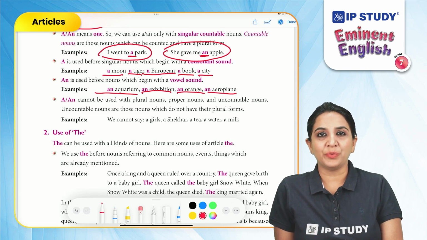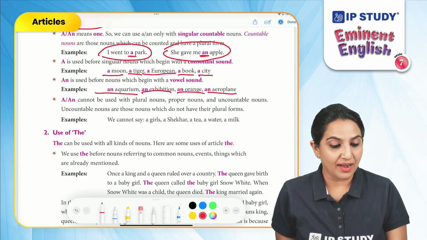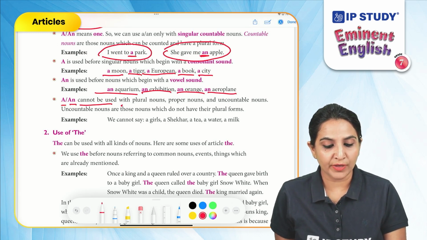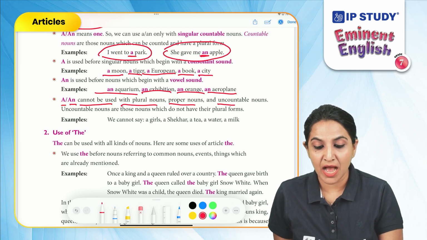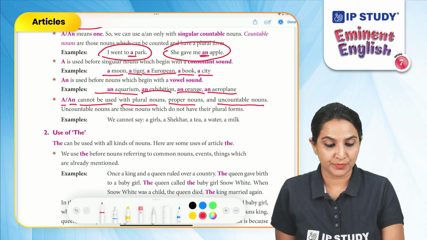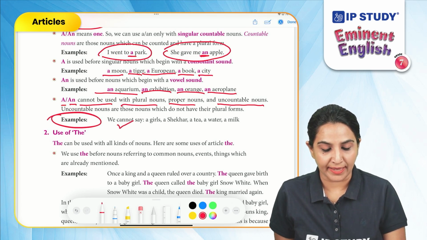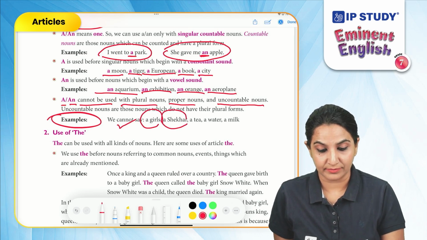Now, one rule that we all must keep in mind is a, an cannot be used with plural nouns, proper nouns, and uncountable nouns. Examples: we cannot say a girls, a shekhar.